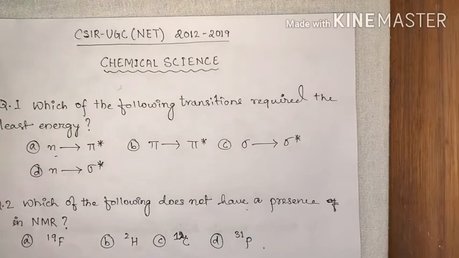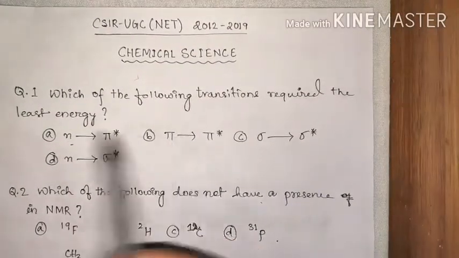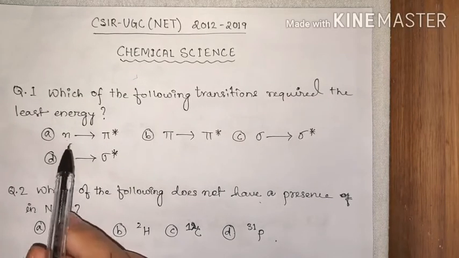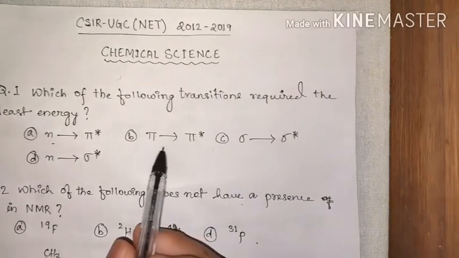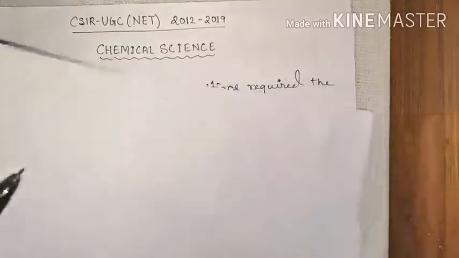So the first question asks: which of the following transitions require the least energy? The options given are n to pi star, pi to pi star, sigma to sigma star, and n to sigma star. How to solve this question?